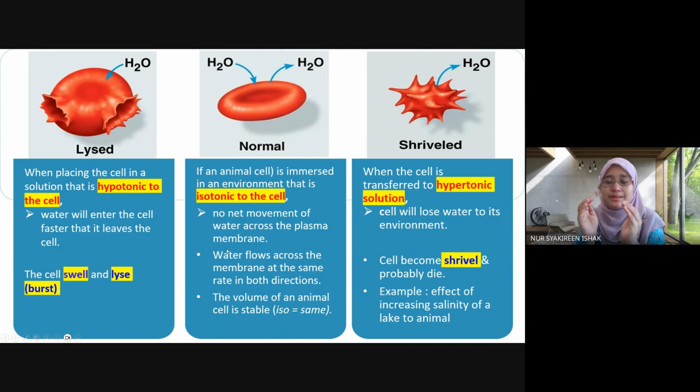For animal cell, the normal solution to be in is an isotonic solution, especially for those that live on land, such as us humans. So the normal solution for animal cell to be in is an isotonic surrounding.